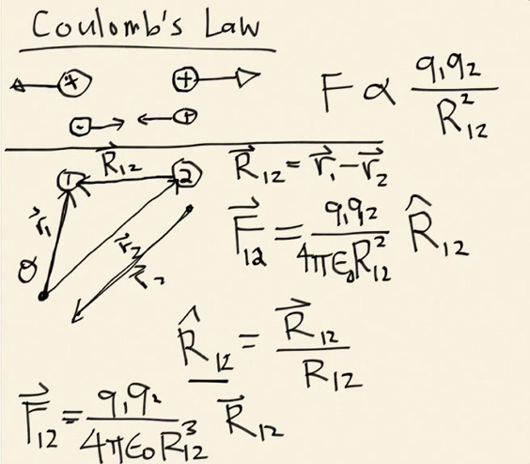Now, it still scales as 1 over R squared, because I have an R up here, and I have 3 R's down here, so it ends up being 1 over R squared in the end. This is just another way to write it if you like, and you may see it written that way.